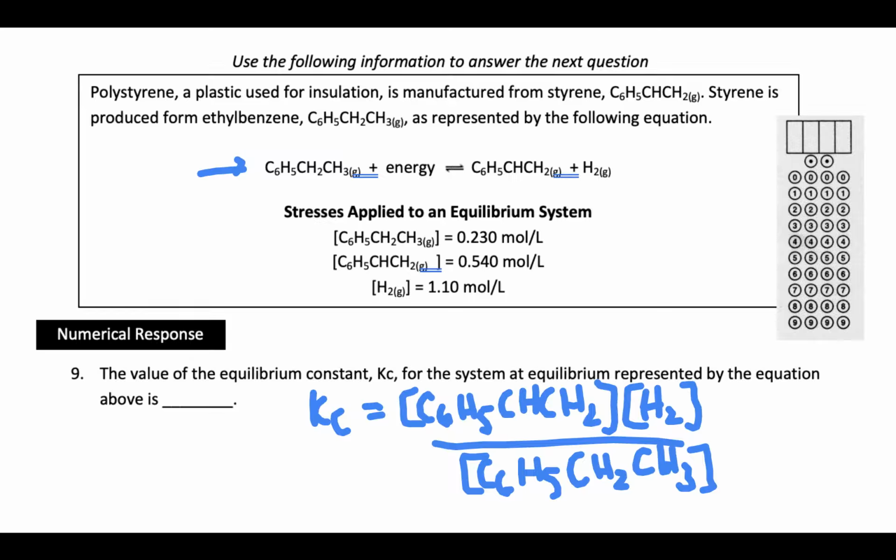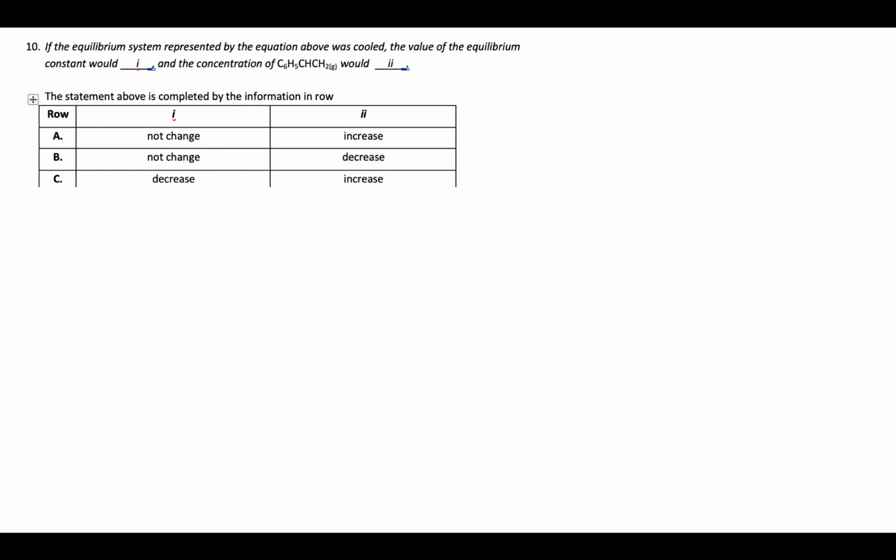We don't need any exponents because we have only coefficients of 1. Once we've set up the expression, you can go ahead and plug in those concentrations, put everything into your calculator, and we should see the number 2.58 as your equilibrium constant.